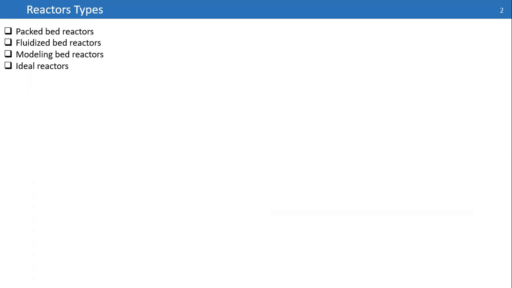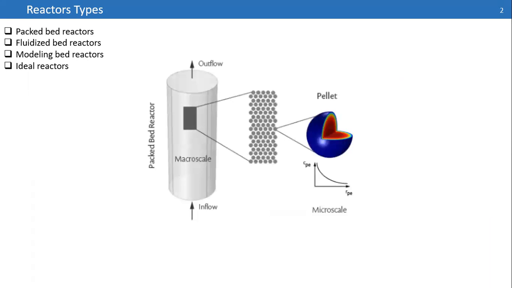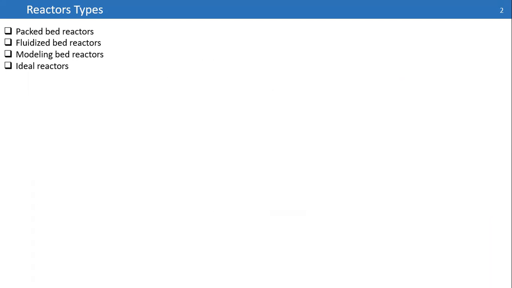We said that for reactor modeling, COMSOL Multiphysics is a good choice, but another question is how many types of reactors we have. We can have a packed bed reactor, which is very usual in industrial sectors: they put the catalyst inside the reactor bed, then pass the reactants through, and the reaction happens.